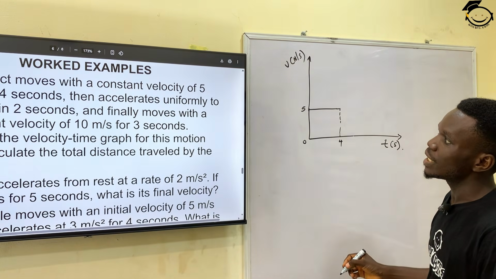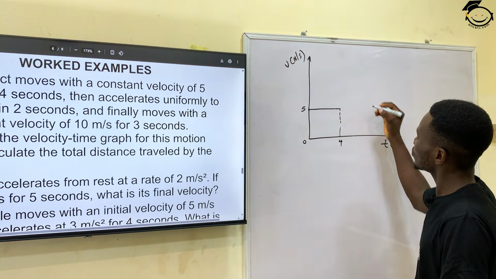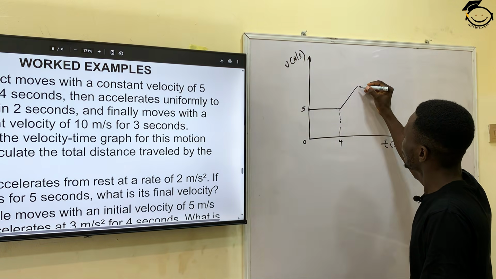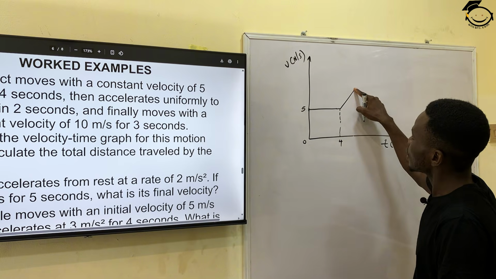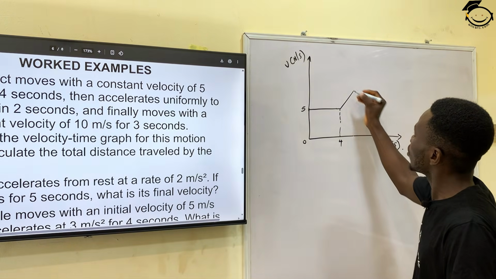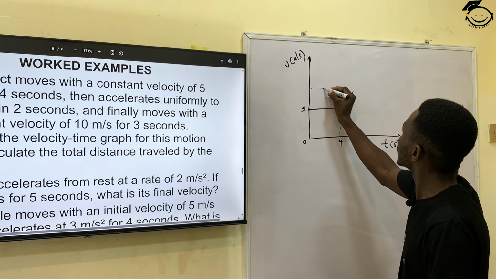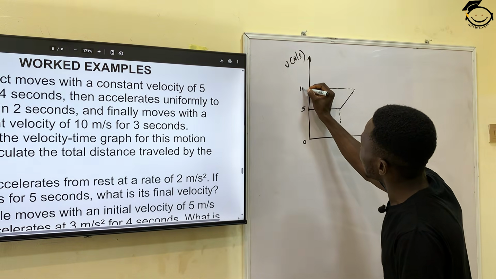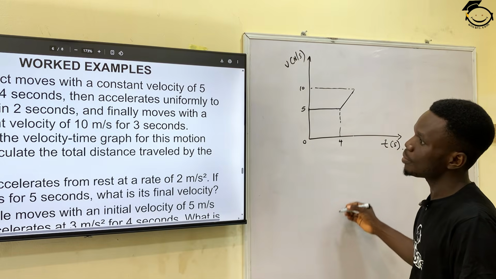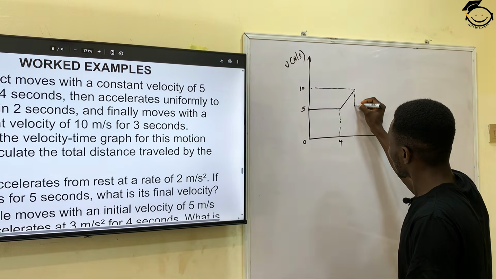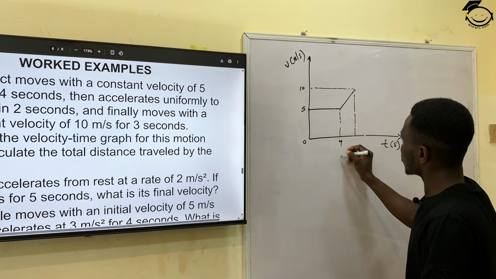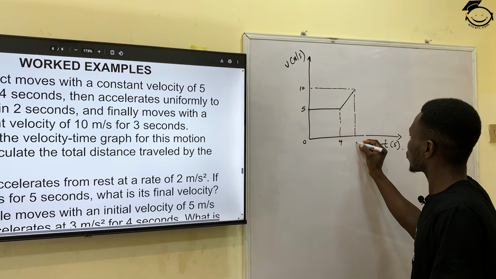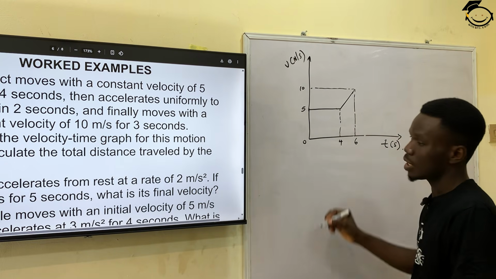From there, it accelerates uniformly for 2 seconds, and got to a point here, which is 10 meters per second. So it got to 10 meters per second in 2 seconds. 2 seconds plus the initial 4 seconds gives a total time of 6 seconds.